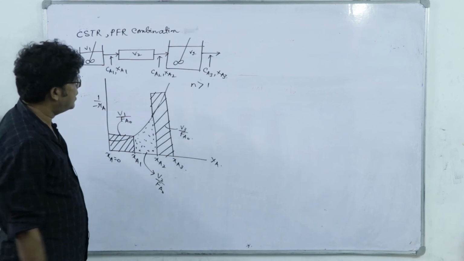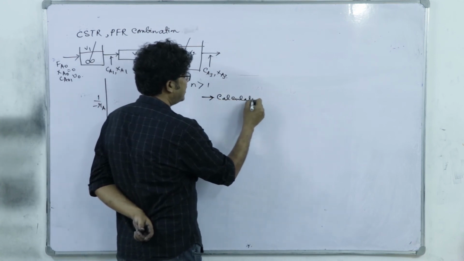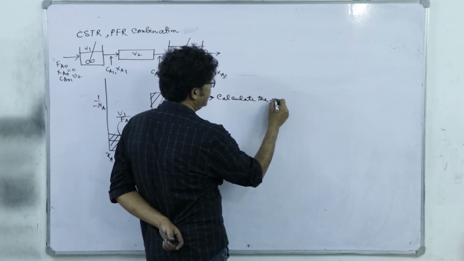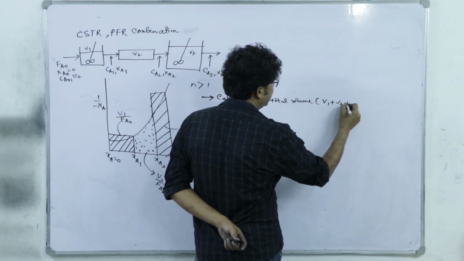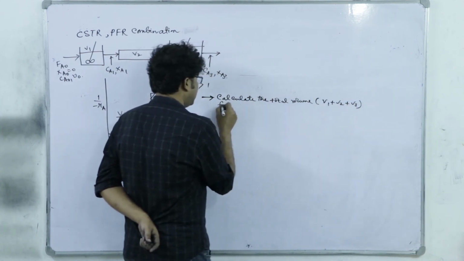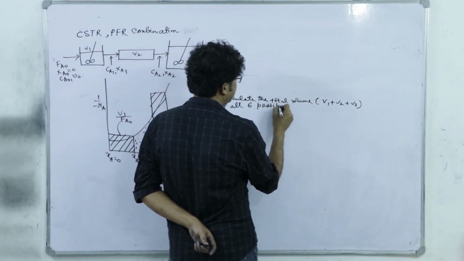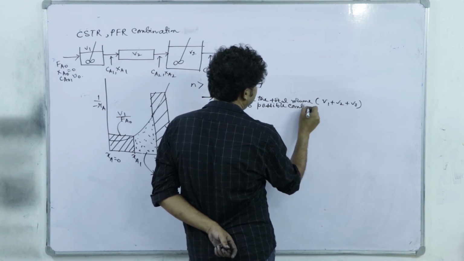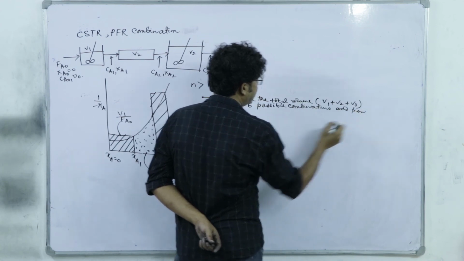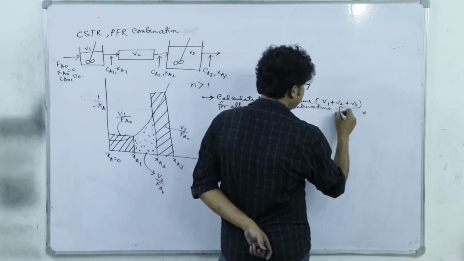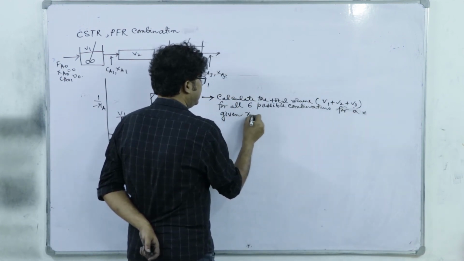So we have to calculate the total volume, that is V1 plus V2 plus V3, for all 6 possible combinations, and from there for a given XA3.